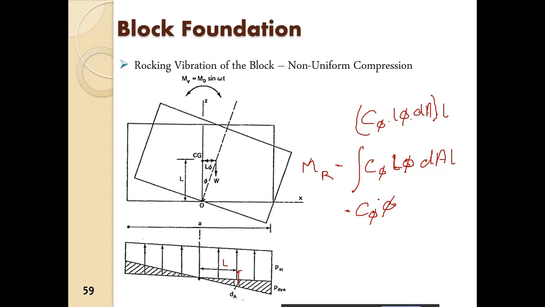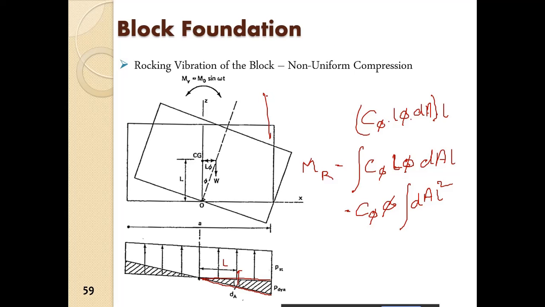At that particular moment these two are constant, and we have to integrate dA into L square. So if you see dA into L square, that is the moment of the area, the moment of the area about the y-axis.